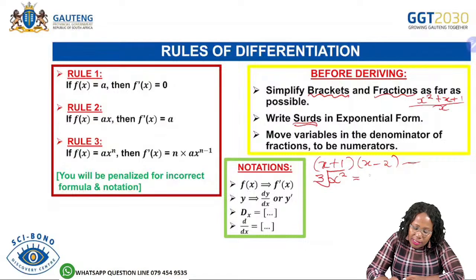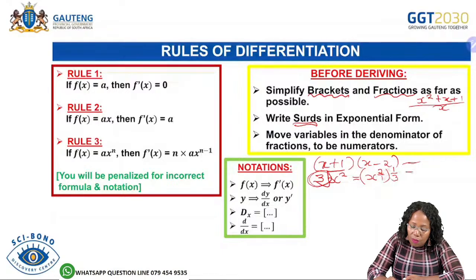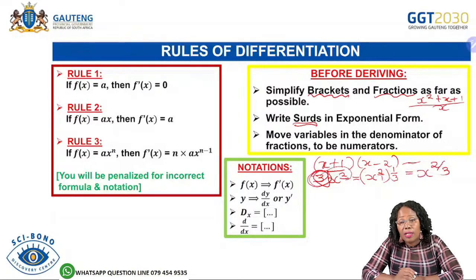Remember, this is the x squared, what is inside the root sign. Whatever is in the root form here, it is 1 over 3 of this. Remember, this is over 1. That will be x to the power 2 over 3. That means this 3 we take to the denominator there. It will be x to the power 2 over 3.